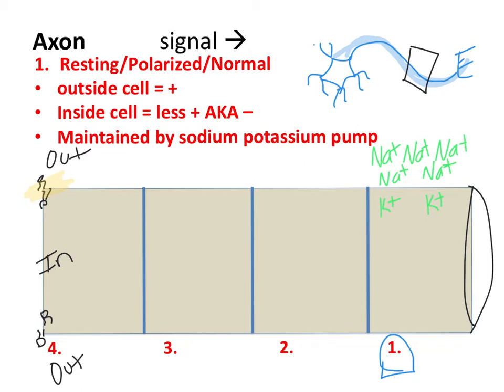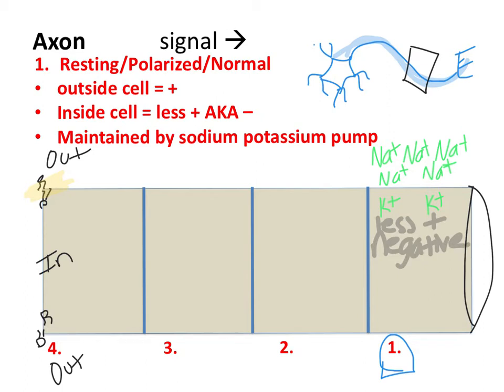In biology, we call this a separation of charge, and we would say that the inside of the cell is less positive, and when we talk about neurons, we call that negative. So just be a little bit aware that it's kind of weird.